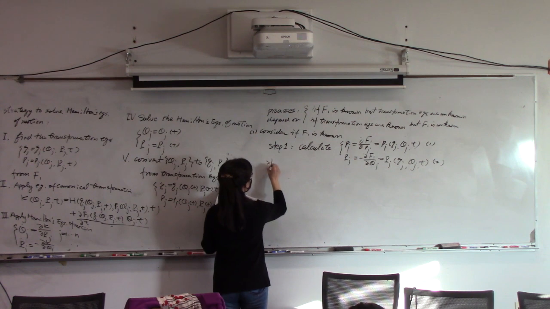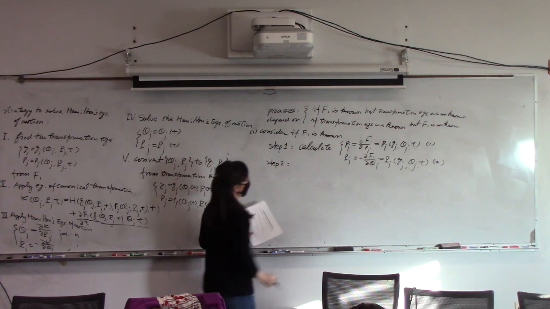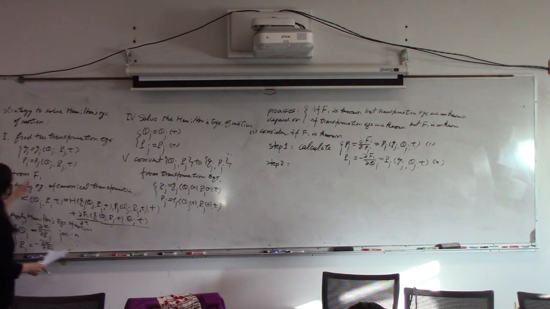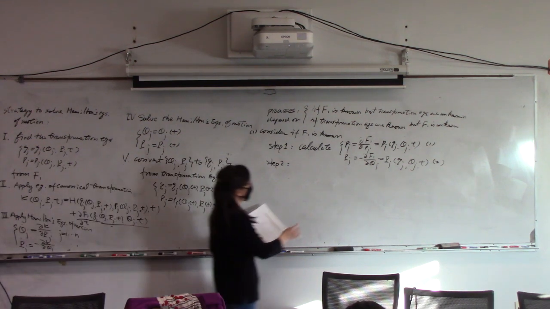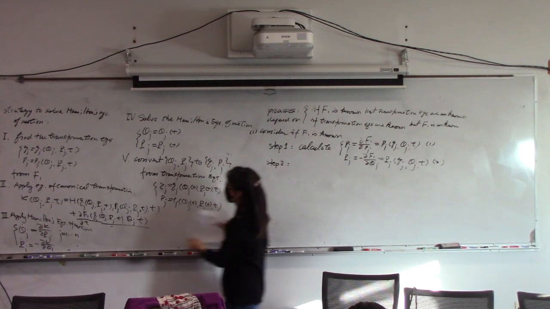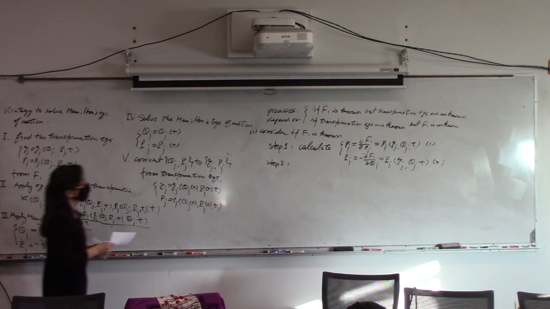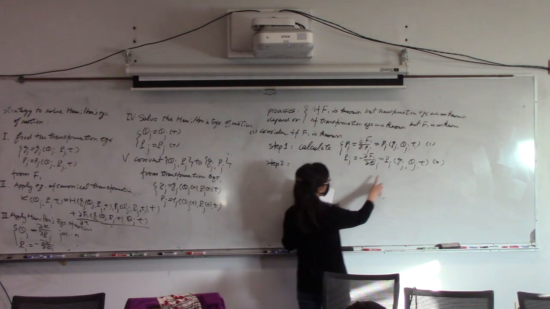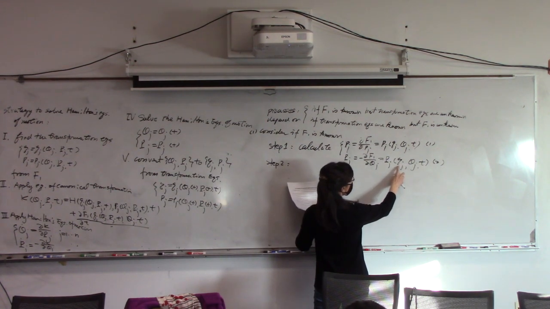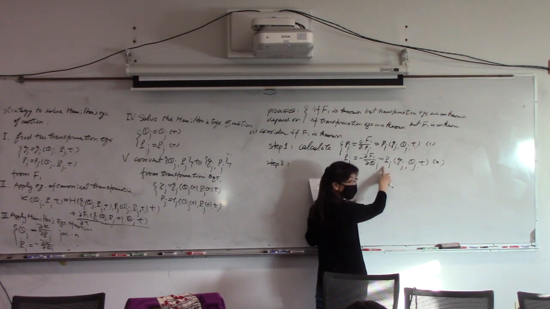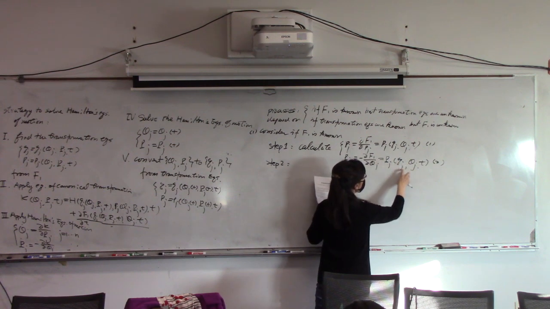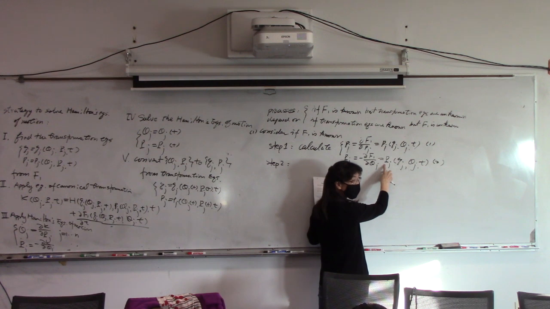Then step 2: from there we get the transformation equation. How to do that? We are going to find the Q as a function of the new variables. Let's look at this one first. This has capital Qj, capital Pj. So from this equation we can find Qj as a function of capital Qj, capital Pj.